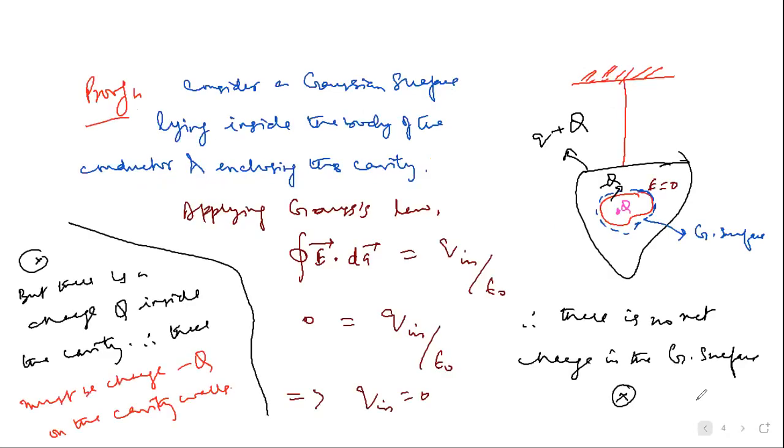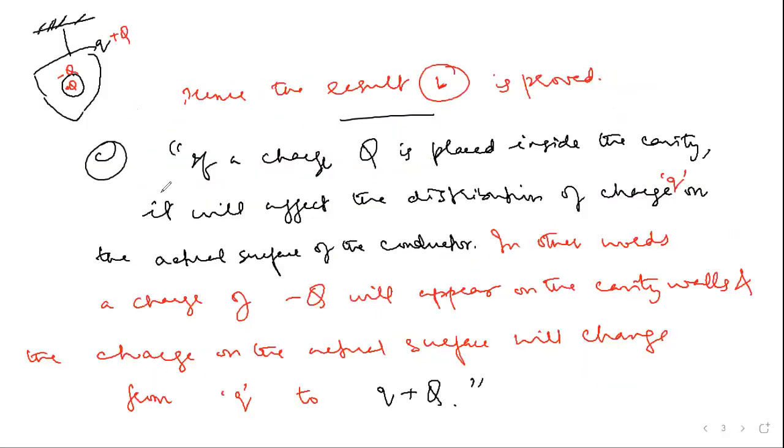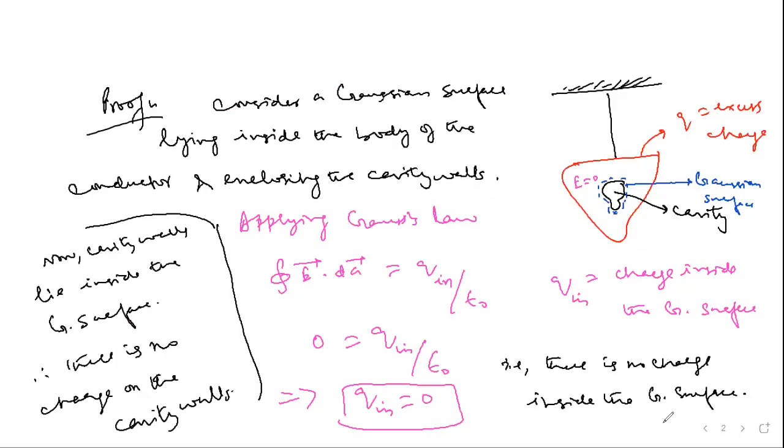Let me see. This was result C. If a charge Q is placed inside the cavity, it will affect the distribution of charge on the actual surface of the conductor. In other words, a charge minus Q will appear on the cavity walls, and the charge on the actual surface will change from q to q plus Q. So we have proved this result.